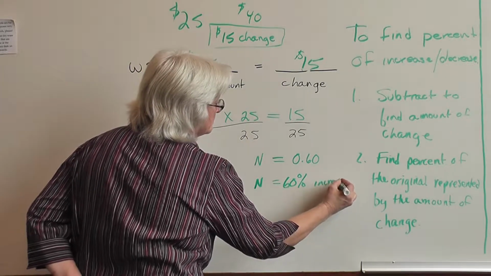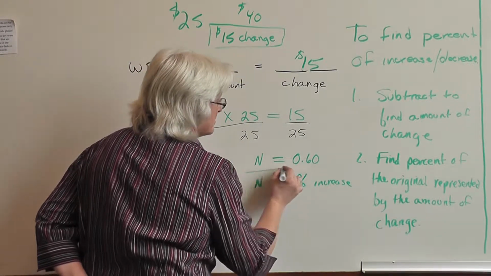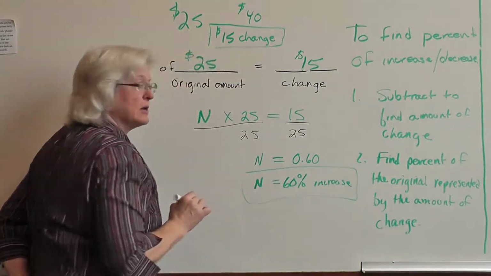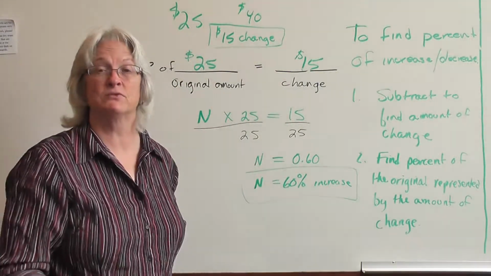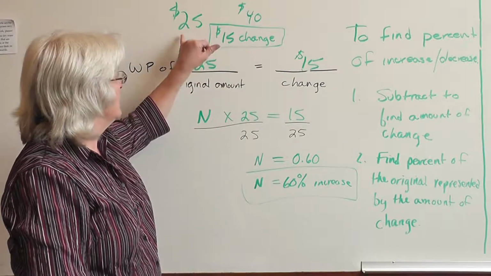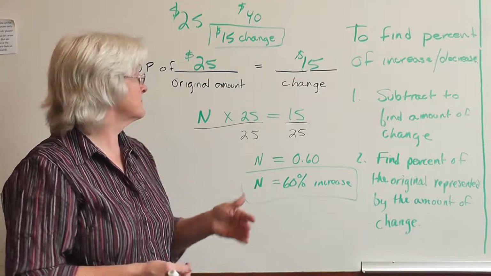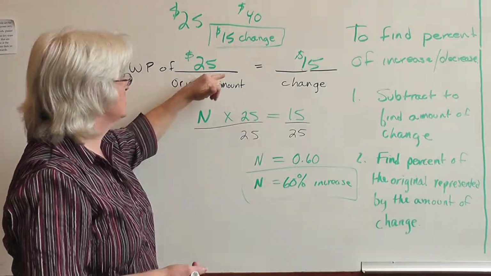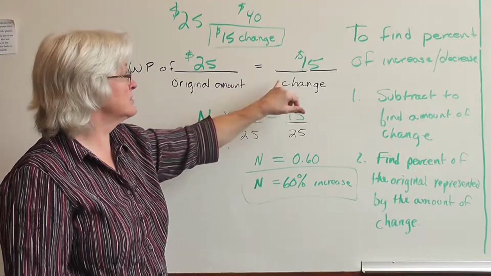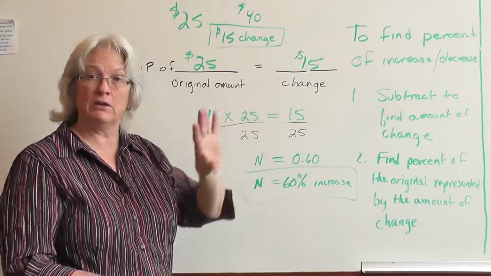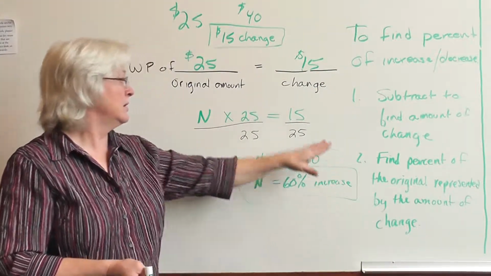increase. Because our problem asked us to find the percentage of change in the guy's income from mowing yards. We said what percentage of our original amount of $25 is represented by the $15 of change.